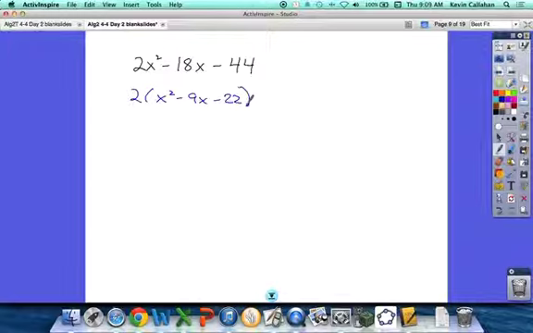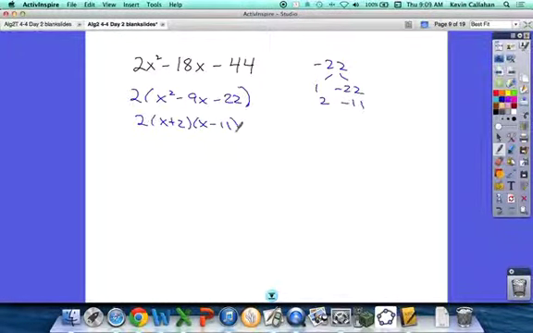I mean, what are the factors of 22? It's either 1 times 22 or it's 2 times 11. One of them's got to be negative. The bigger one's negative. So which one of those adds up? The 2 and negative 11. So this is x plus 2, x minus 11.